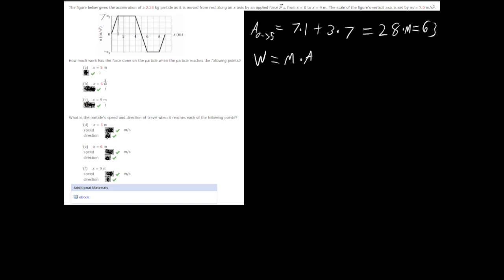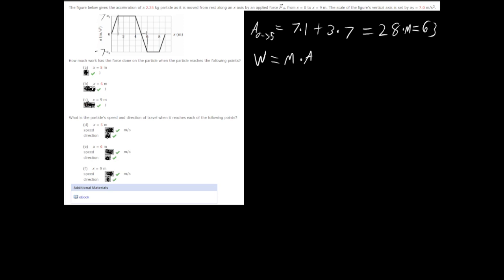Now for B, it says to 6. So what we would do here is, just right here is a right triangle. And what we do is we would do 1/2 base times height, and the base is 1, and the height here is negative 7.